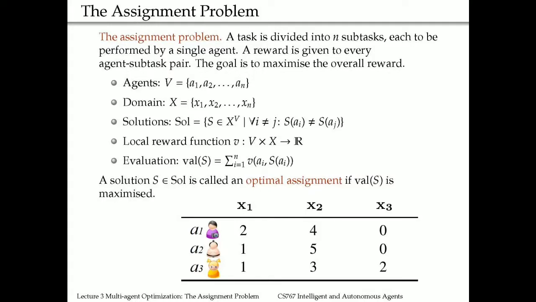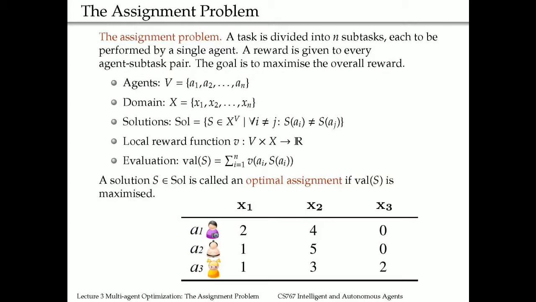So that expresses this formula, which is a sigma from i equals 1 to n of all of the v of Ai with a given item S(Ai). Right? So a solution is optimal if the value of the solution is maximized, because here we're treating this evaluation as being a utility, and obviously we want to maximize utility in this sense.